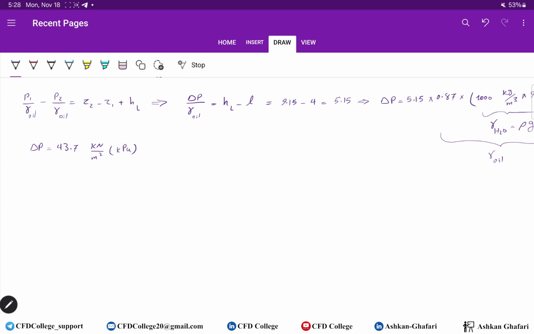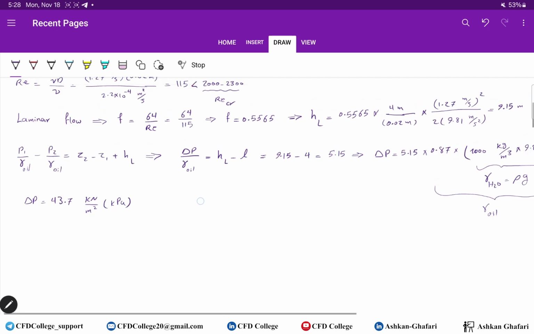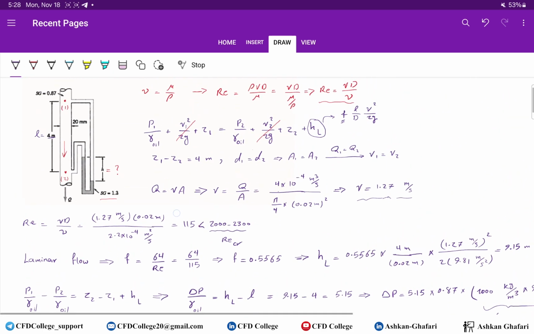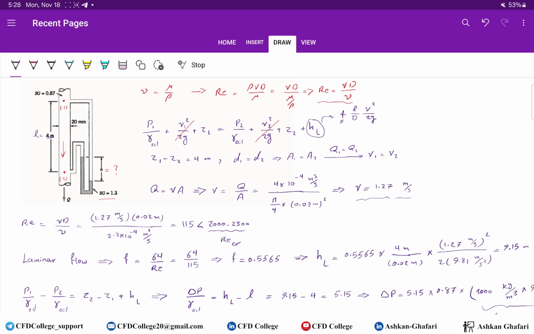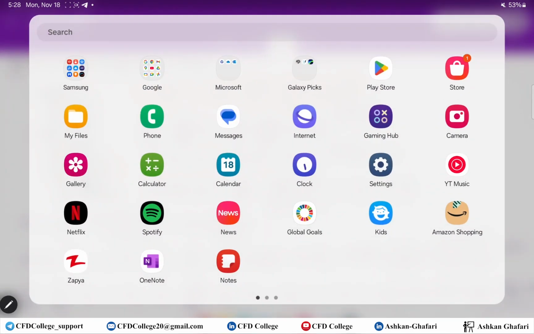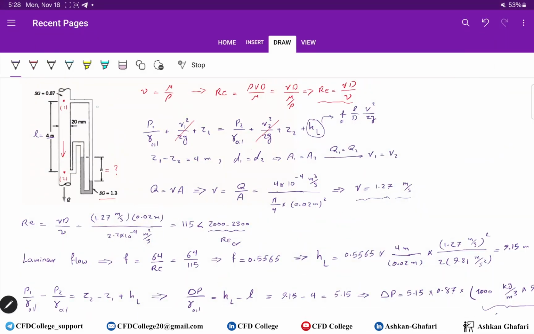Now we have delta P. We should use this manometer. We start from point 1 and move towards point 2. Let's call this distance L1. So we should start from this point and move until the first interface.